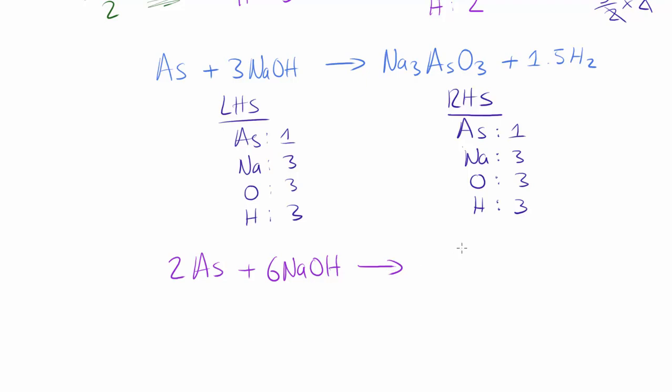And then that produces, in this case, we're going to put 2 in front of Na₃AsO₃, because obviously when there's no coefficient written, it is 1, and 1 times 2 is 2. Plus 3H2, okay?